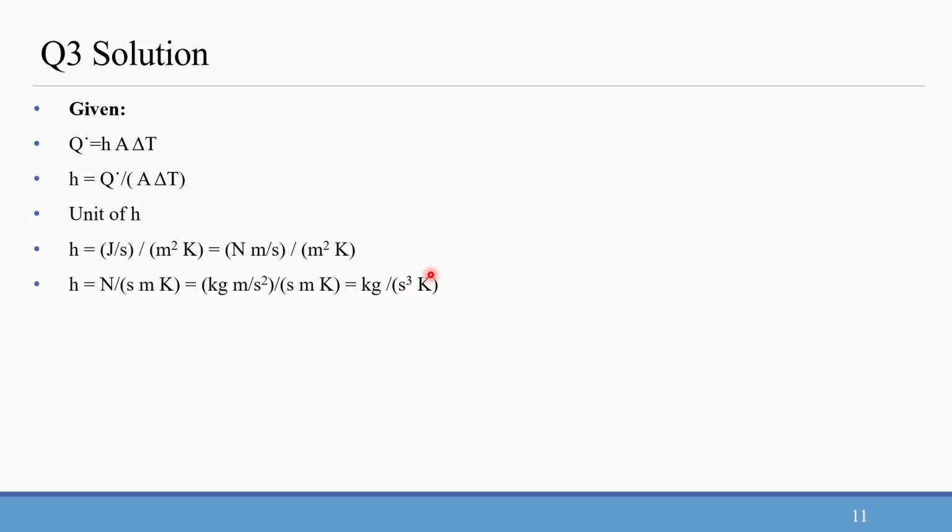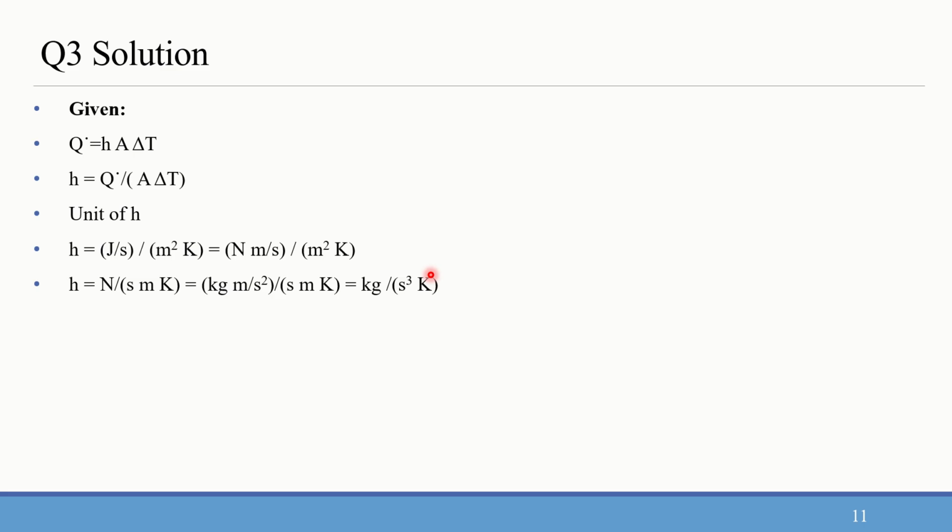In general the unit of H is watt per meter square Kelvin, but here we are simplifying it into the basic dimensions, that is M, L, T and theta.